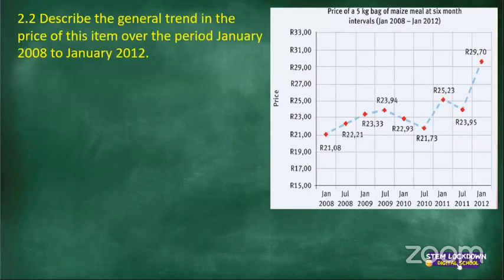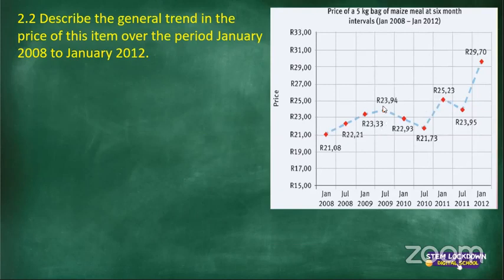The next question, describe the general trend in the price of this item over the period of January 2008 to January 2012. What is the general trend here? We'll see that from 2008, it's increasing, né? It's increasing up until July 2009.